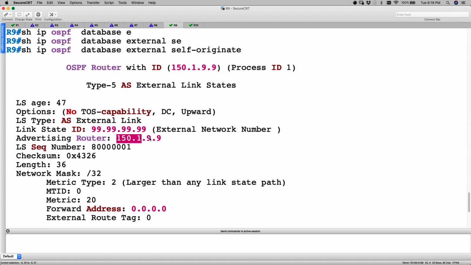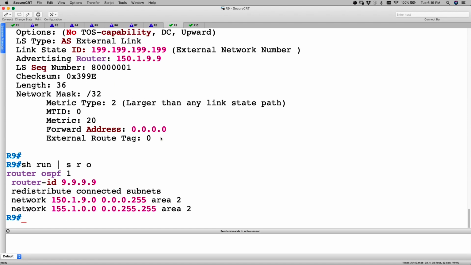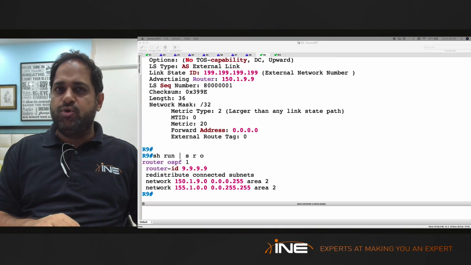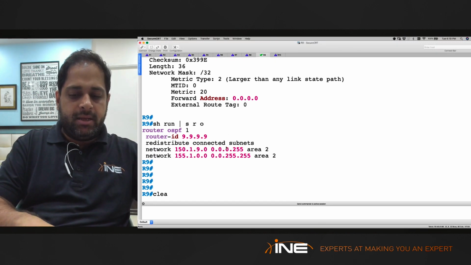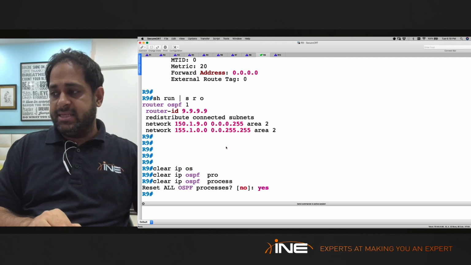His router ID right now is 151.99. I did change the router ID, but because I did not restart my OSPF process, it would still be the old one. So anytime you change your router ID, you should restart your OSPF process. Let's quickly do that. Clear ip ospf process, and let's say yes.